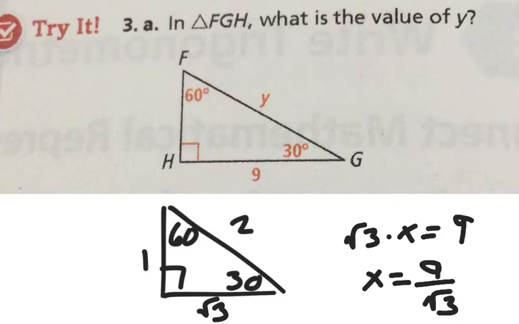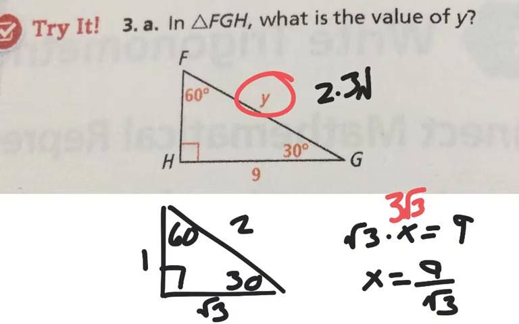And so that means the number that I multiplied by here would be 3 radical 3 when I simplify that. So that means in order to find y, I need to multiply by that same number, that 3 radical 3, what it used to be, which was a 2. So if I do 2 times 3 radical 3, I'll get a value of 6 radical 3.